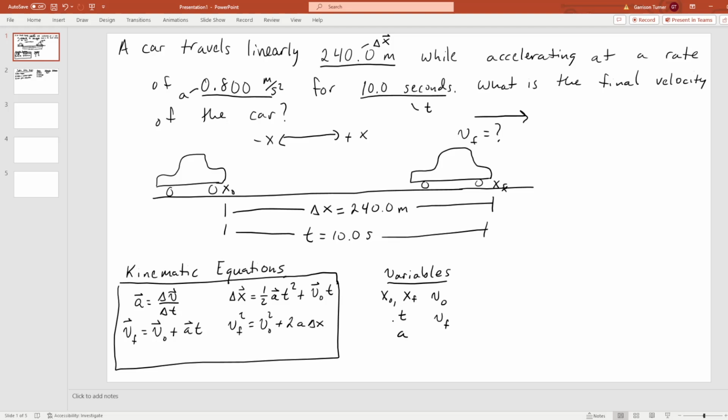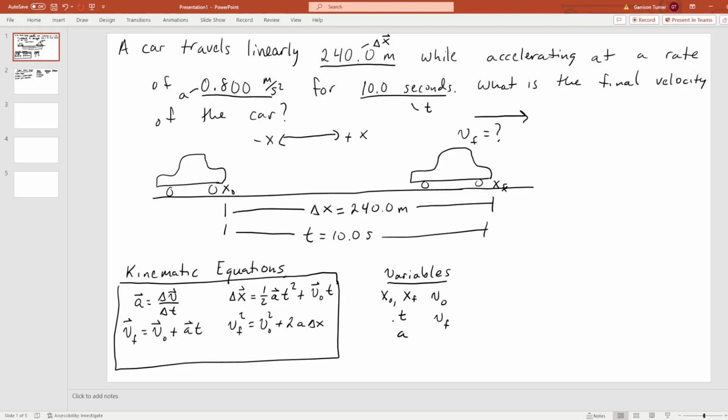So I have up to 6 variables in my kinematic list, in one-dimensional motion, that is. And so now I need to correlate these variables with my given information and my list of givens and unknowns.